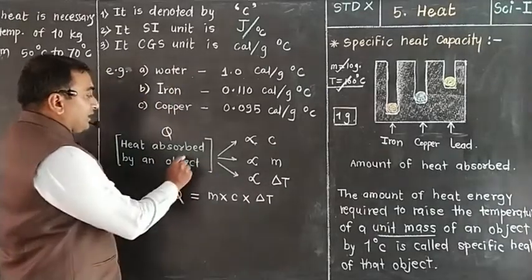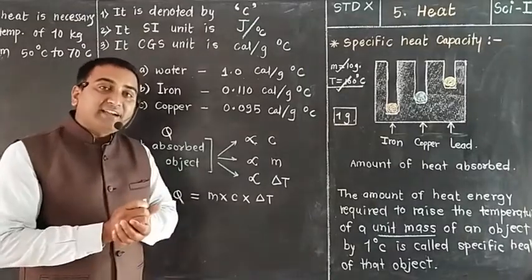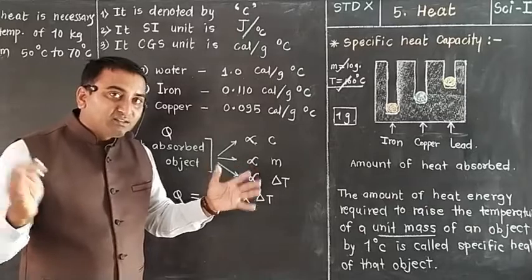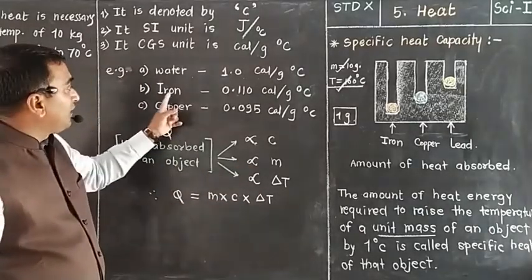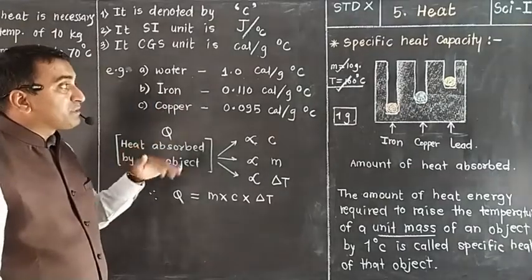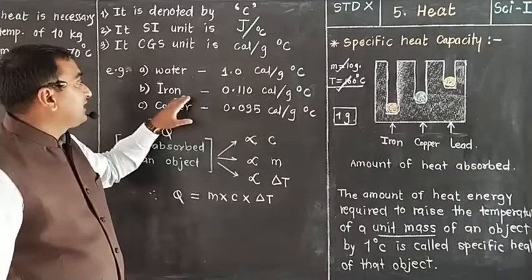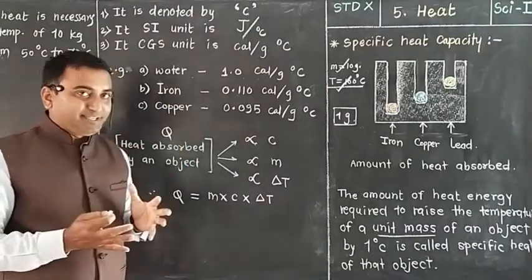See, heat absorption is more. That means to raise the temperature by 1 degree Celsius, heat is provided. If that amount is more, then definitely it will absorb more heat. So tell me, iron and copper, whose specific heat capacity is more? Iron's is more. So definitely at the same temperature, iron will absorb more heat.